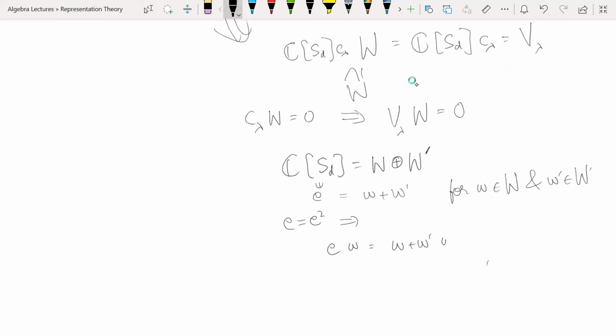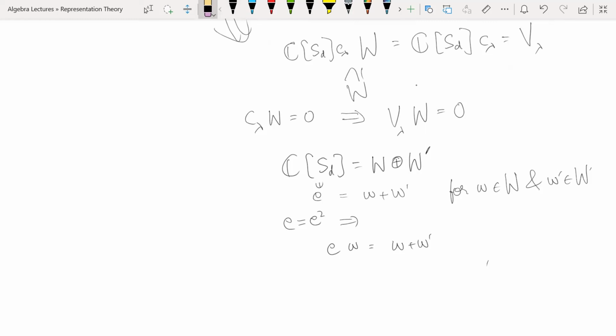But not directly this, perhaps first if we can show that W prime times W equal to 0. Why is that? That is what I'm trying to argue. For that, sir, W prime times W is already in the ideal W. W plus W prime times W is in ideal W, as W is left ideal.